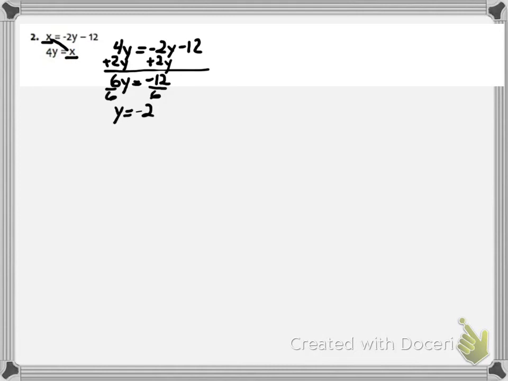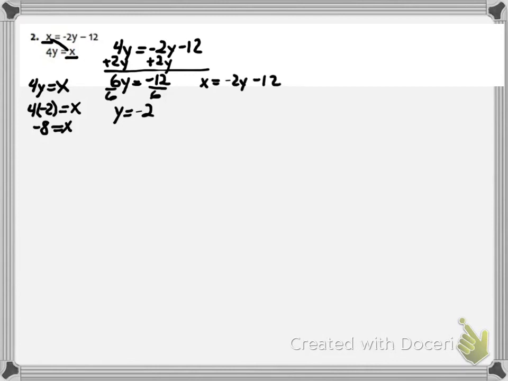Now I'm going to take this negative 2 and plug it back into one of the equations. I'm going to take it into the 4y equals x. And when I plug this in, 4 times negative 2 equals my x, and 4 times negative 2 is negative 8. So negative 8 equals my x value. And now I'm going to plug this into my other equation just to make sure, and the other equation says x equals negative 2y minus 12.